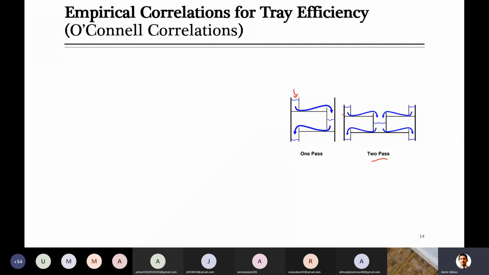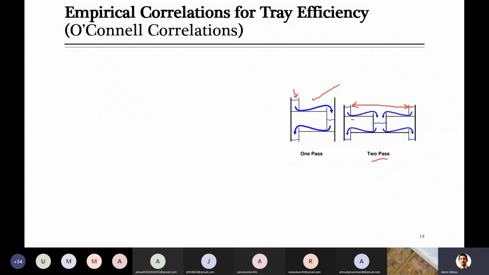So what we can do is design the trays in such a way that they can provide more than one pass on the surface of the tray. With this, as you can see on this surface of the tray, if I consider the whole tray, this is the complete tray. And if liquid flow rates are sufficiently high, if you flow all the liquid in one way, for example as shown here, then in a large size column there will not be proper distribution on the whole surface of the tray, and due to this the vapor will not be distributed properly and efficiency will go down.